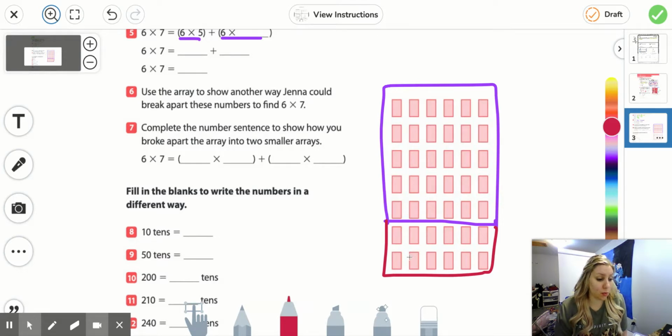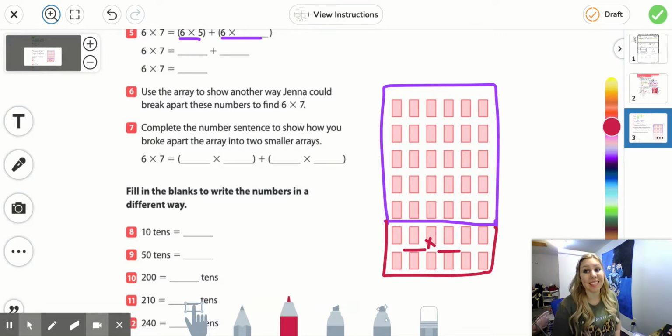What do I write? What equation is here? What number times what number? How many rows with how many in each row? Anais, yes, very good. Jose, I need you to tell me in the chat. Otherwise, I can't mark you as present if you're not participating. You can come off of mute or type in chat.